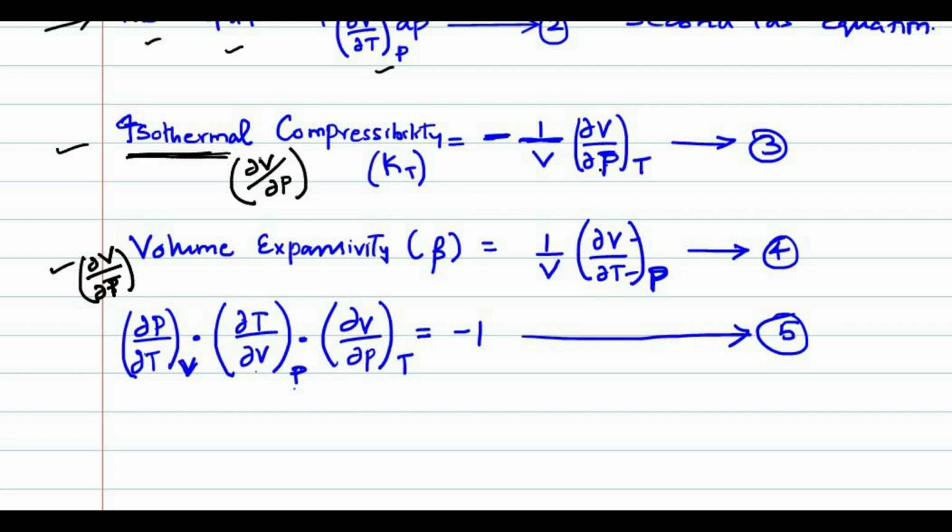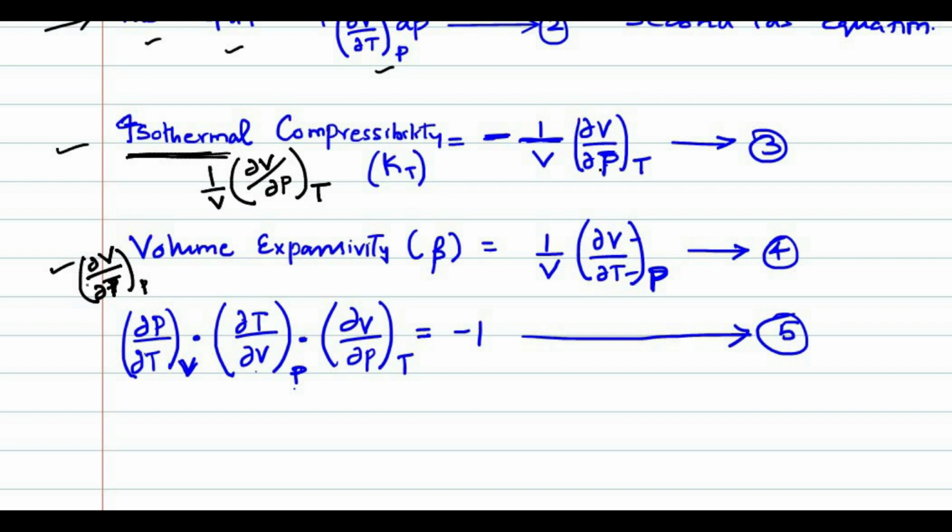Isothermal compressibility gives the change of volume with respect to pressure at constant temperature, and volume expansivity gives the change of volume with respect to temperature at constant pressure.